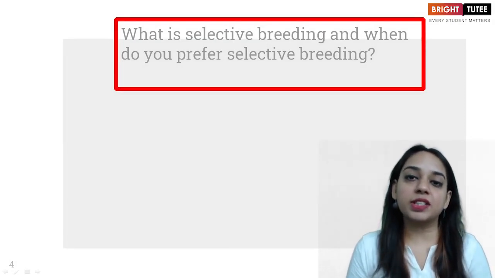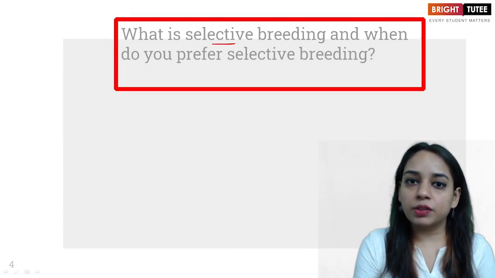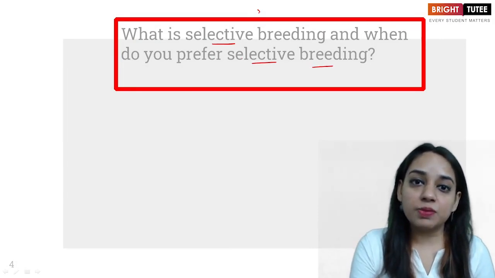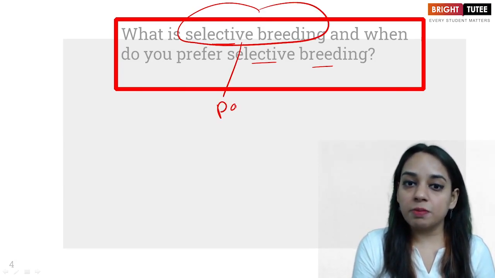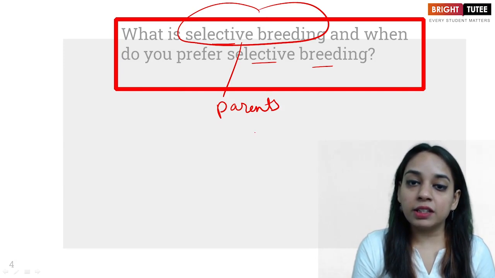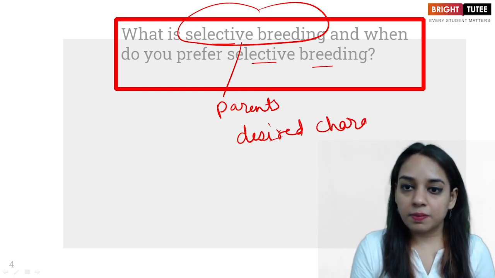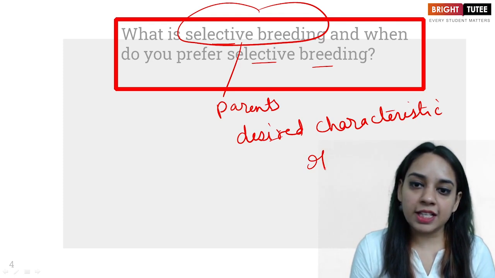Now the next question is, what is selective breeding and when do you prefer to do selective breeding? So guys, selective breeding means where we are selecting the parents in order to obtain desired characteristics in their offspring, right?